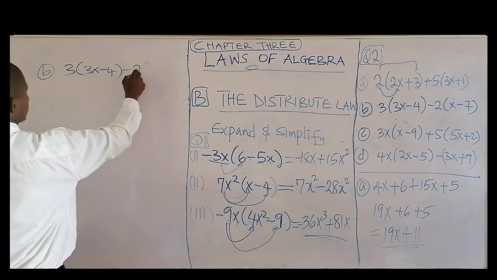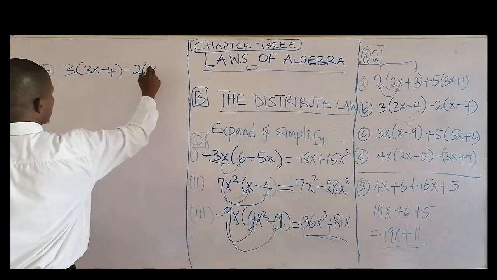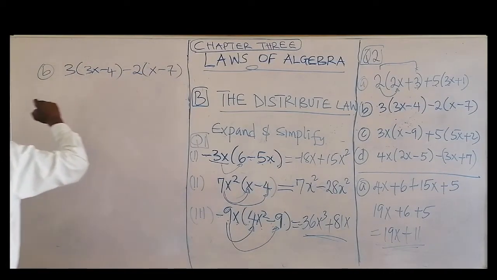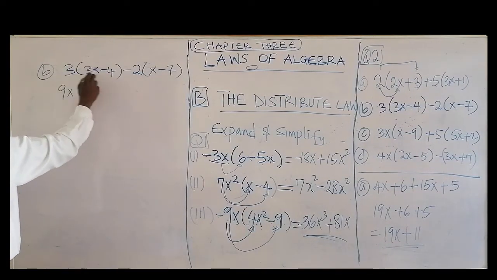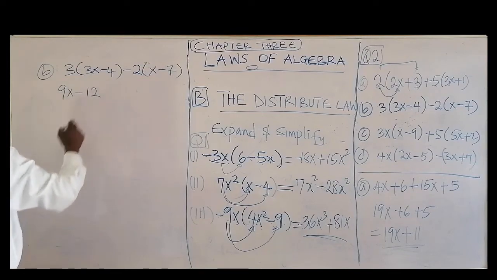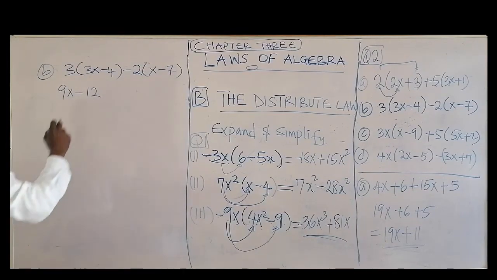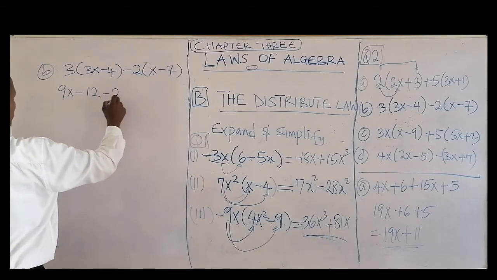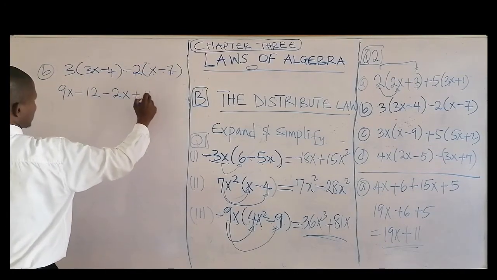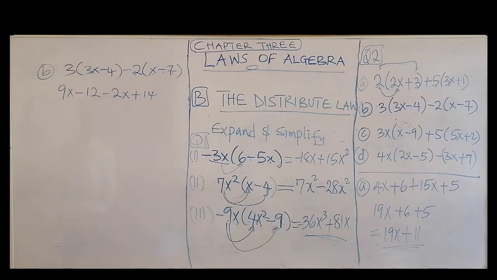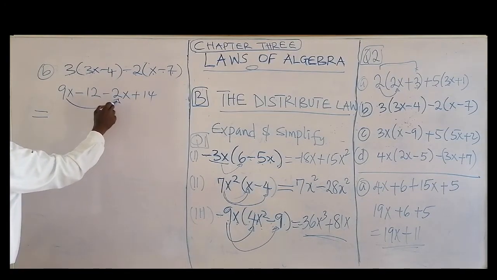Then minus 2 into brackets, x minus 7. So open the bracket, this one times this one, that's 9x. This one times this one, that's a minus 12. Okay? Then this one times this one, minus 2x. Minus times minus, that's plus. 2 times 7, that's 14. Then let's bring the x variable together.